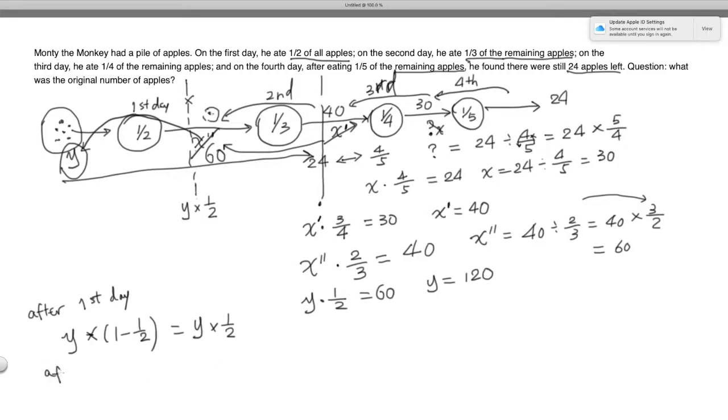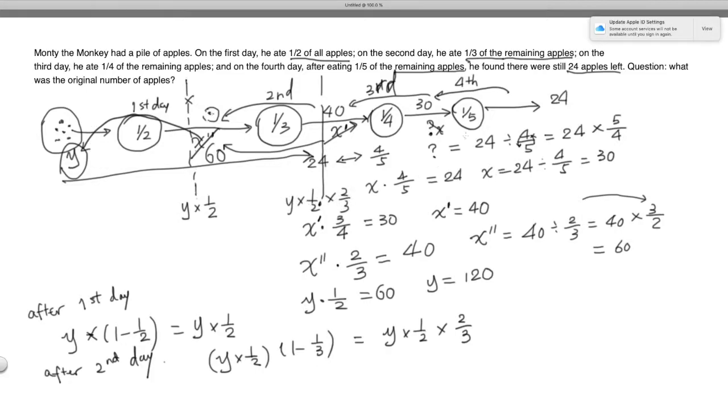It will be the number he began with on the second day times (1 minus 1/3), because he ate 1/3, so what's remaining is 1 minus 1/3. So this whole number equals y times 1/2 times 2/3.